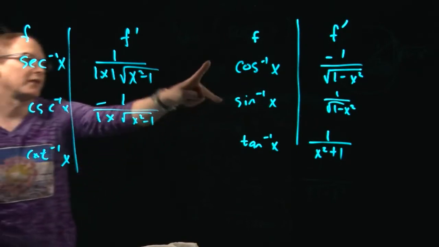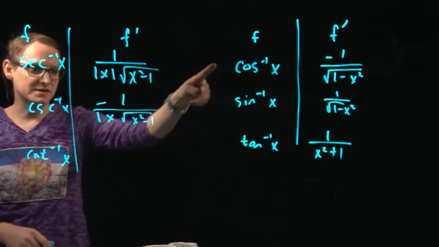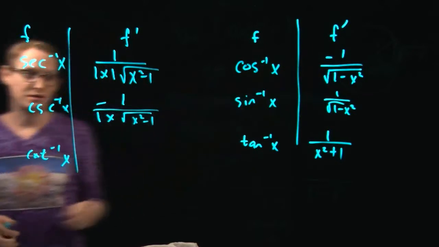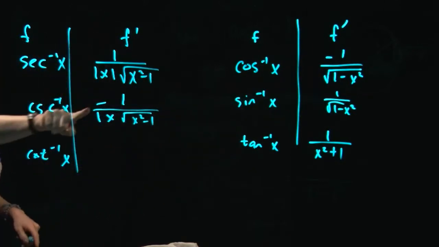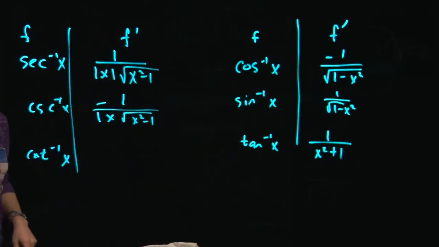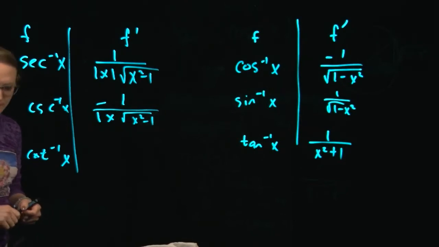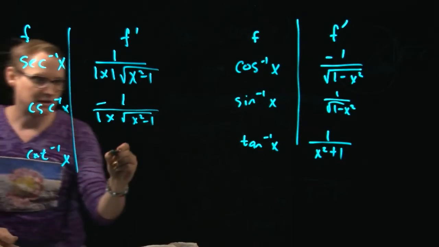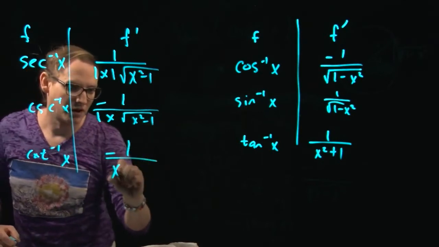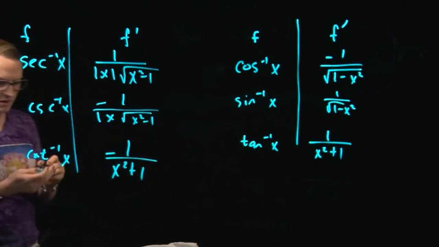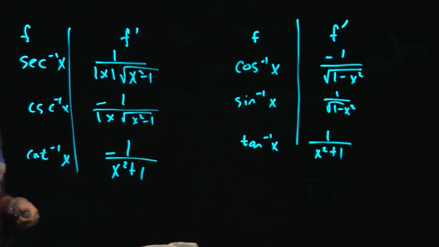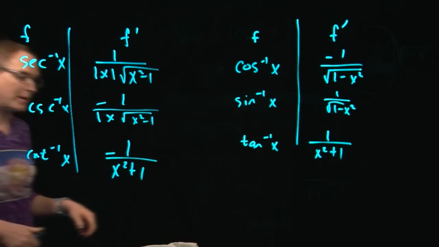So just like you only have to remember essentially one formula for these, and the minus sign goes with the cosine, here the minus sign goes with the co. That's not so bad. And then finally, the derivative of cotangent is minus 1 over x squared plus 1, which is exactly minus what you would get from tangent. So you have about 3 formulas here to actually remember.